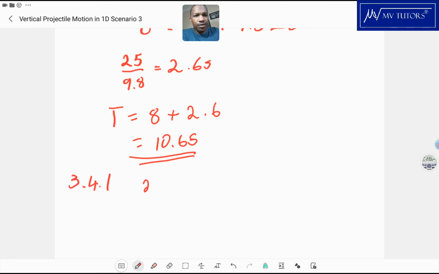So it's 2.2 minus 2. What is that? 0.2 seconds. Okay, that's our final answer. 3.4.2.